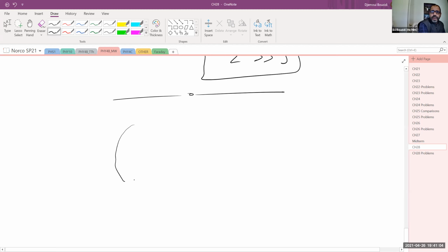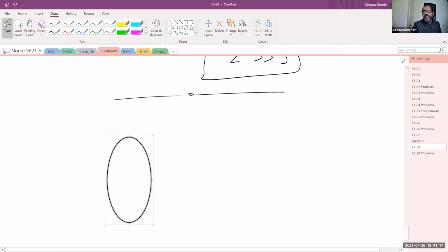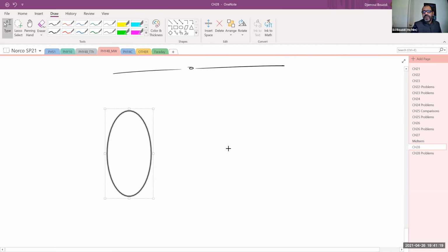So we have a loop in here. I'm trying to draw a loop. Can I draw it with this tool? Okay, this is better. And I draw the axis of symmetry somewhere in here. So this is basically what I have.